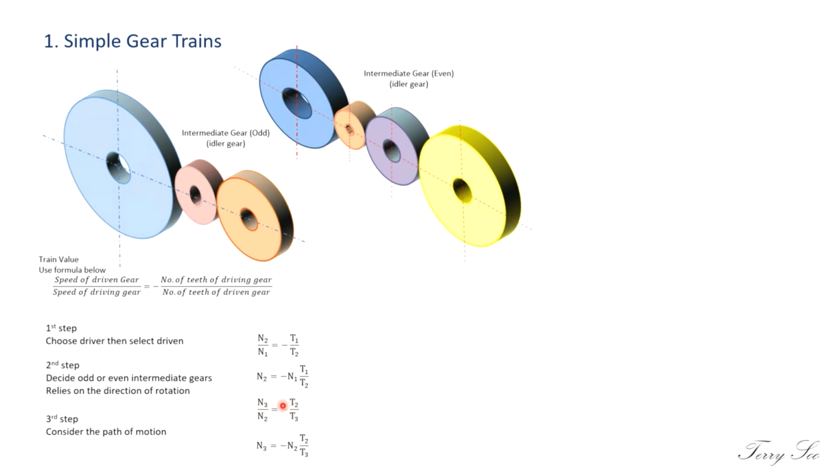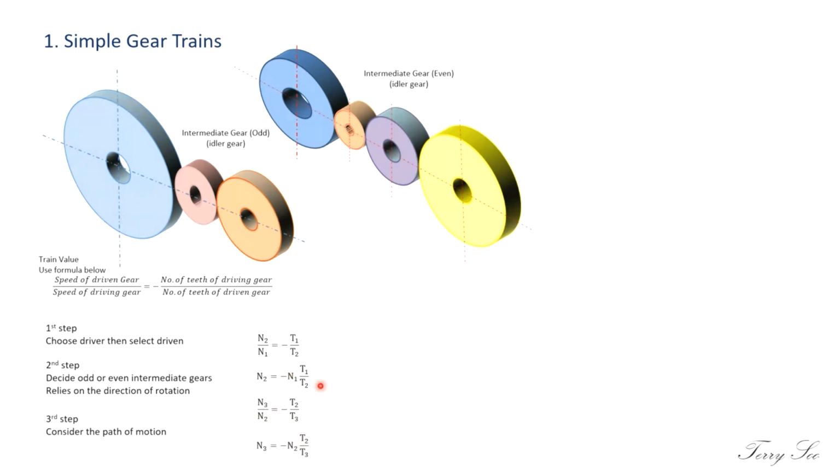And then you can see I put a negative sign here again. Remember, if this is 3 to 2, then this should be 2 to 3. If, for example, we want to express the speed of the driven gear, that is N3, that would be our subject. So N2, you bring it over, so you have this equation here.